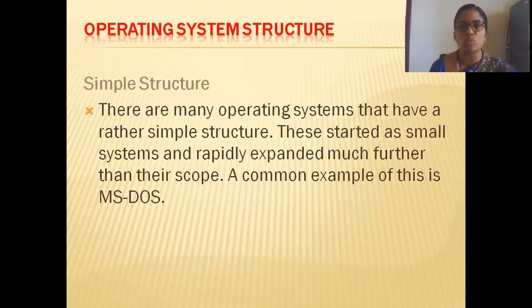The first one is a simple structure. The name indicates it's a simple structure. There are many operating systems that have a rather simple structure. These started as small systems and rapidly expanded much further in their scope.